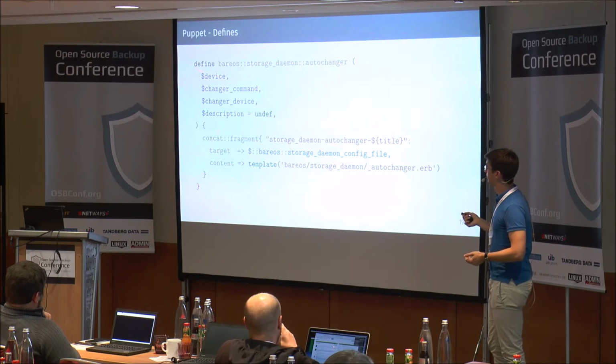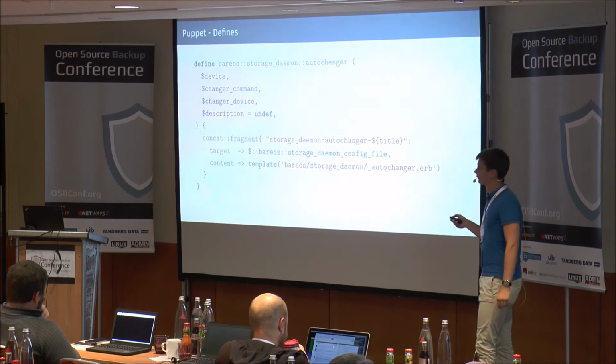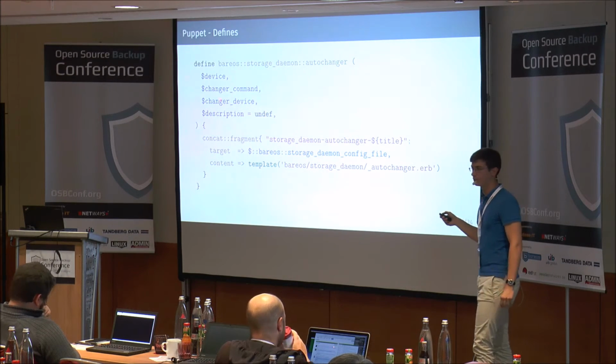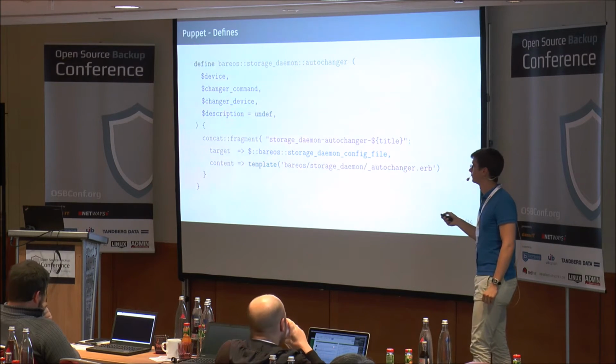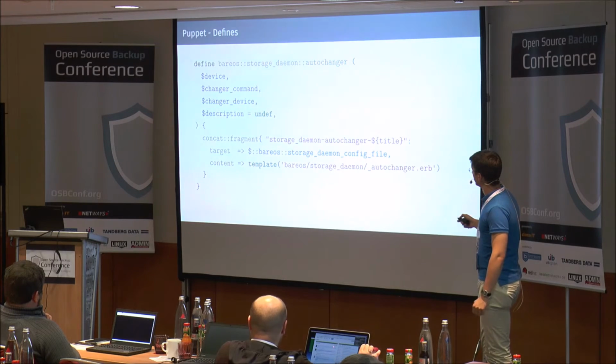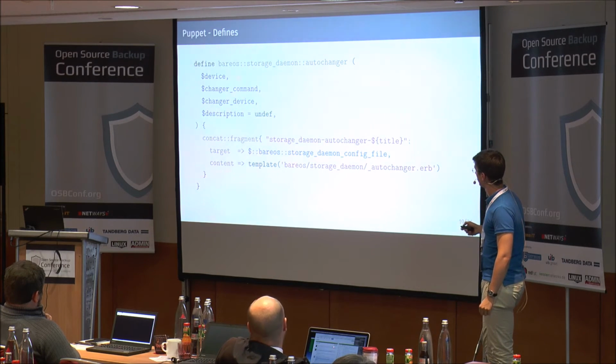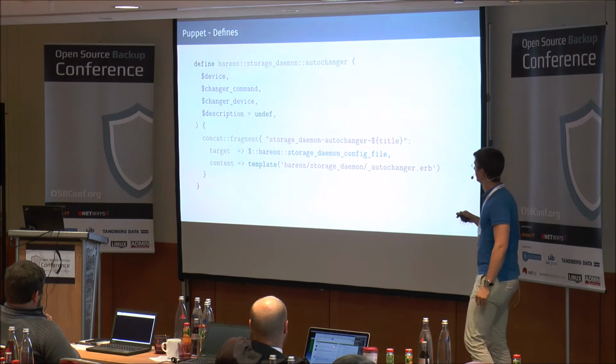And as this is mandatory, there is no default value for this parameter. So the description is the only non-mandatory parameter, and the default value is only undef. This is another part of the Puppet language I want to show you.